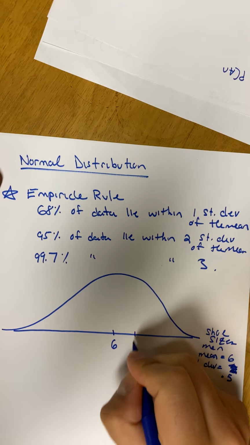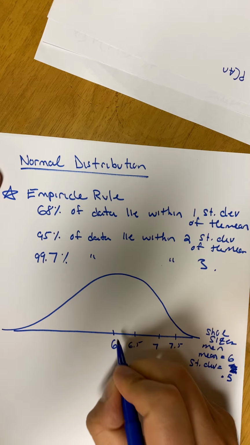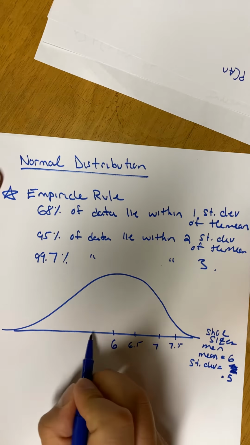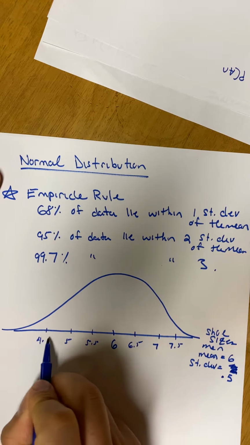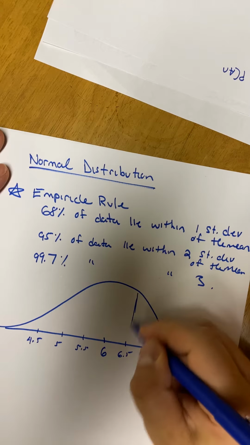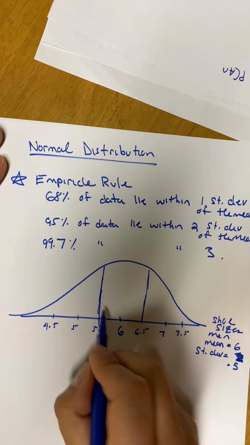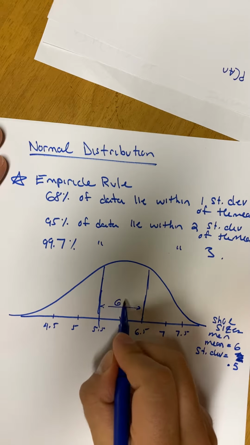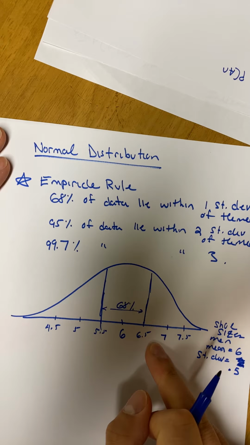So 6.5, 7, 7.5, and 5.5, 5, 4.5. This is within 1 standard deviation, give or take. 68% of all men will have shoe sizes between 5.5 and 6.5.